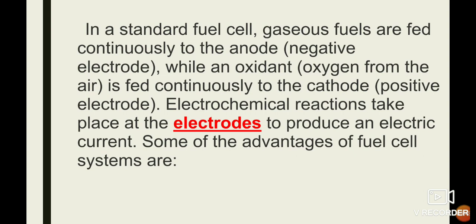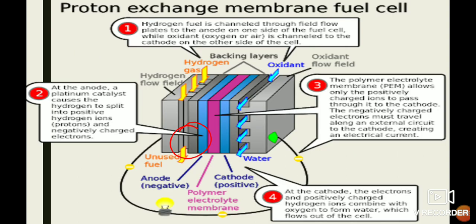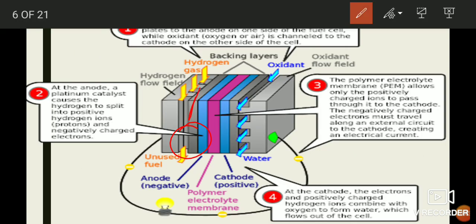Fourth, Sir William Grove developed this cell in 1838 to 39. He used platinum electrodes and hydrogen and oxygen. In this diagram, these are platinum electrodes, and the fuel used is hydrogen gas and the oxidant used is oxygen, air or water. The electrodes are porous, providing a large surface area.